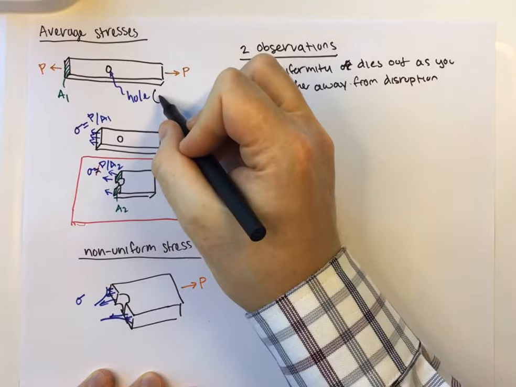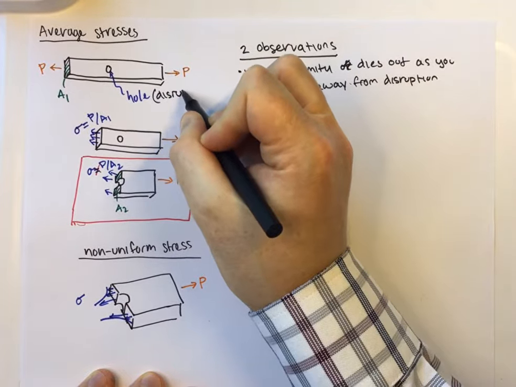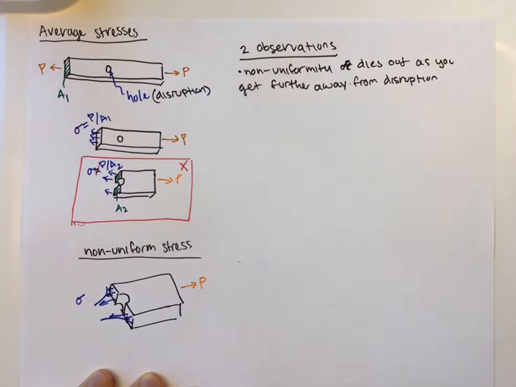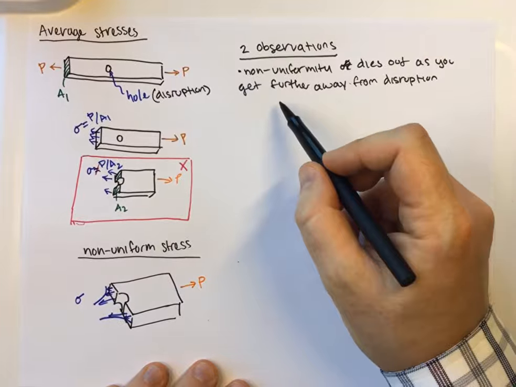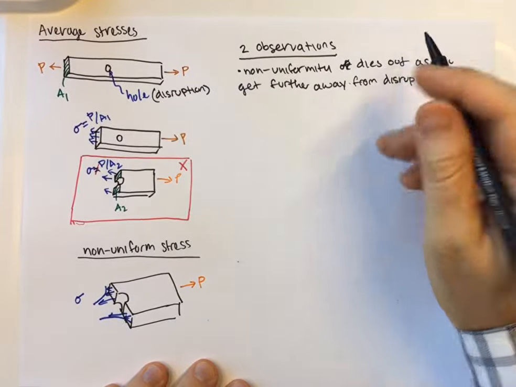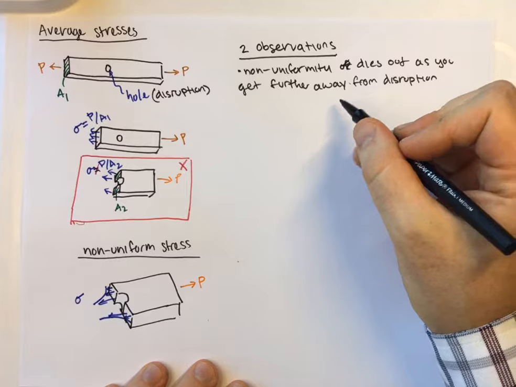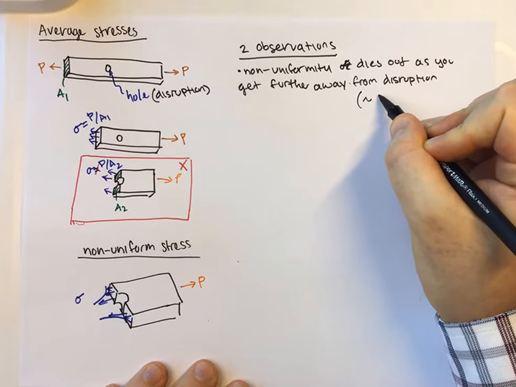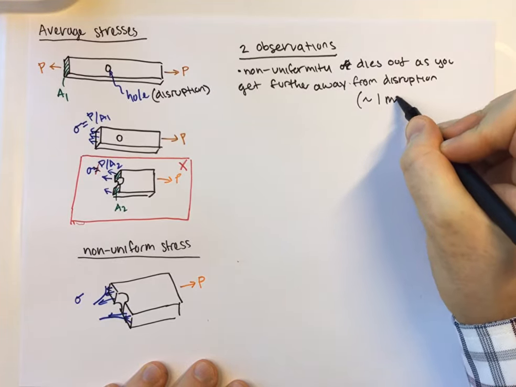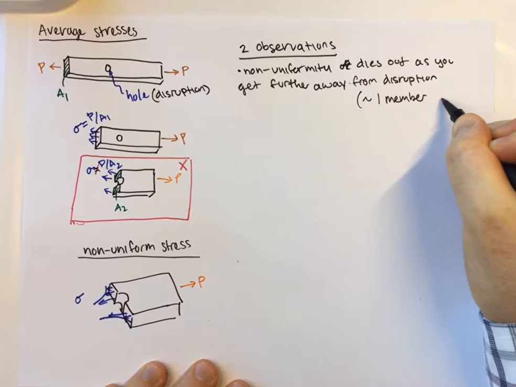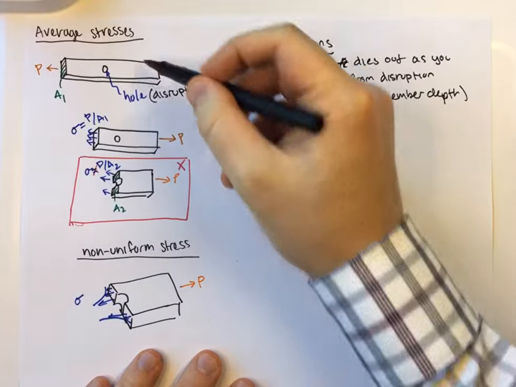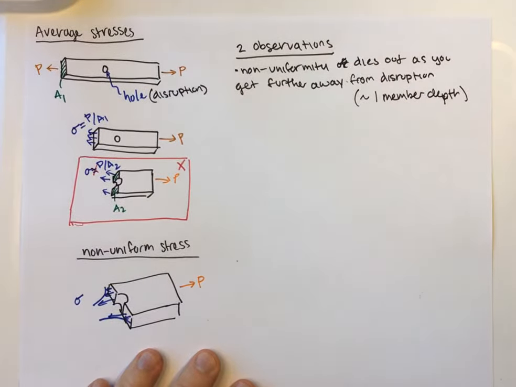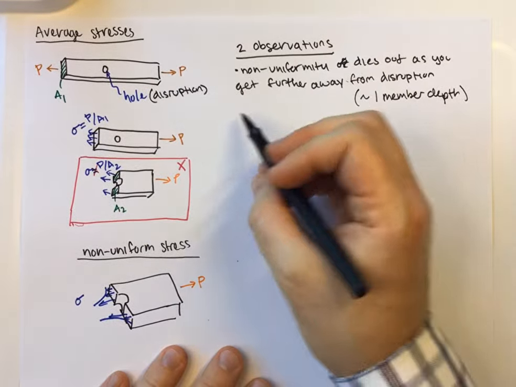And in this case, that would be our hole. Could also be a discontinuity, it could be some end condition, but as you get further away from that disruption, the non-uniformity in stresses dies out, and it's about one member depth away. So for our little rod here, that would be one depth of our rod.